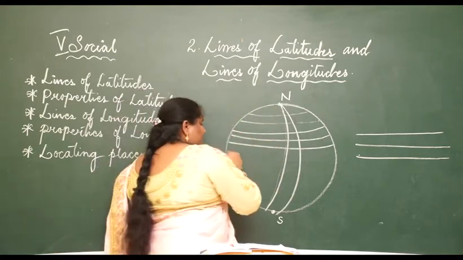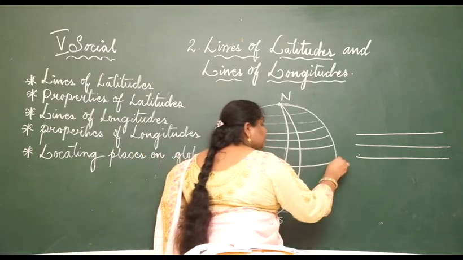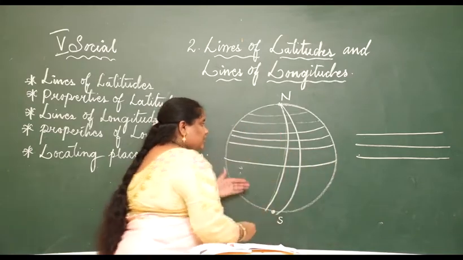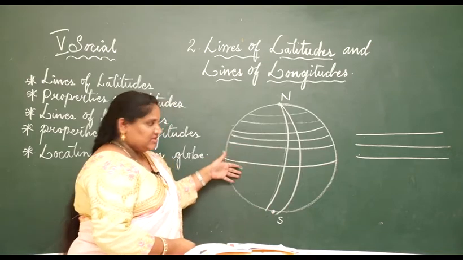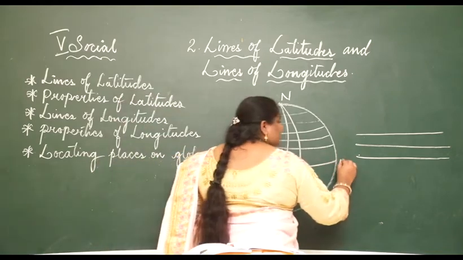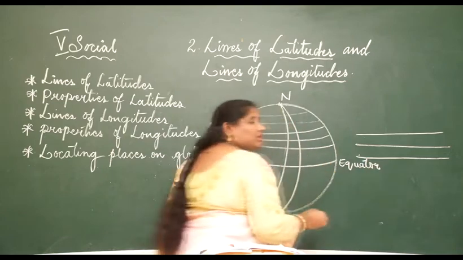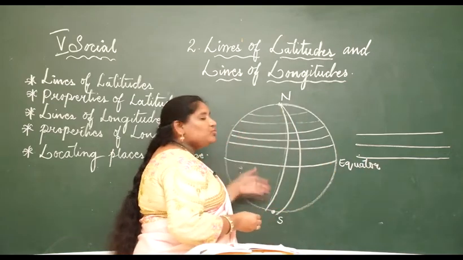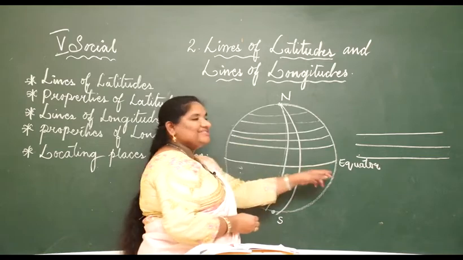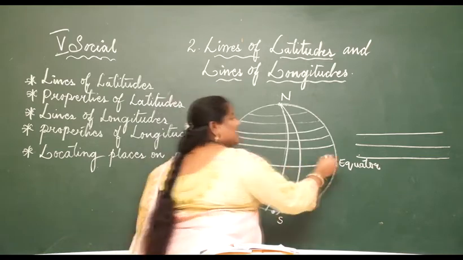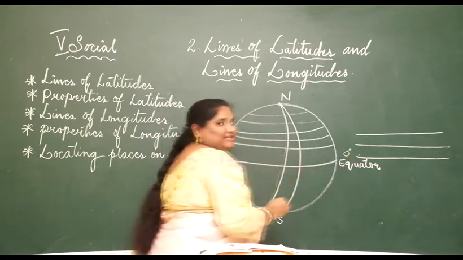Then we have a very big line which cuts this sphere into two equal halves. That is called the equator, which divides the globe or the earth into two equal halves. That is also called 0-degree latitude.